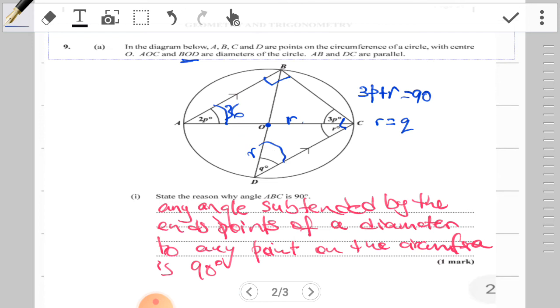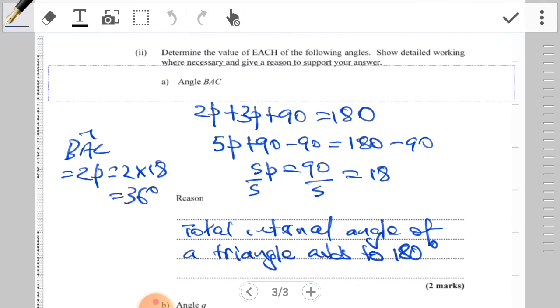In other words, B and C, this distance BC is a chord that this angle here rested on, as well as this angle at A rested on. This angle is the same as this angle. And the reason for that would have been angle in the same segment. You understand? So we could work it out this way.